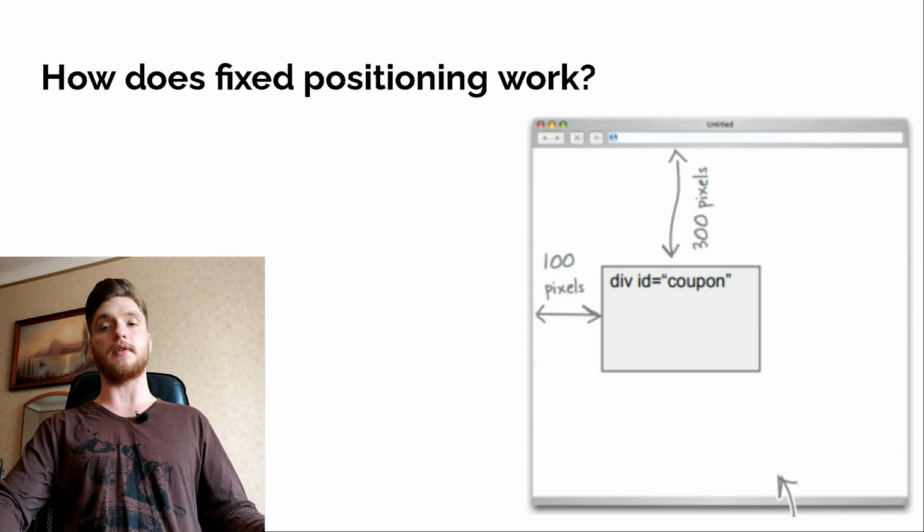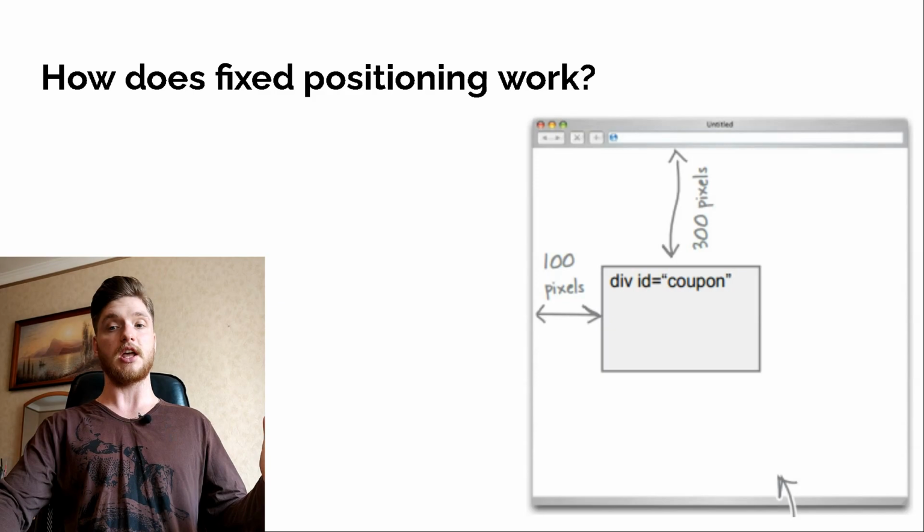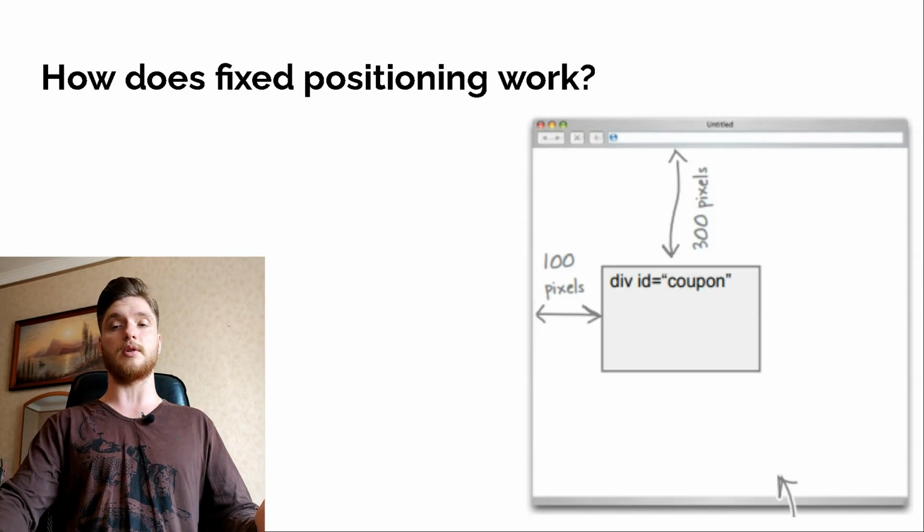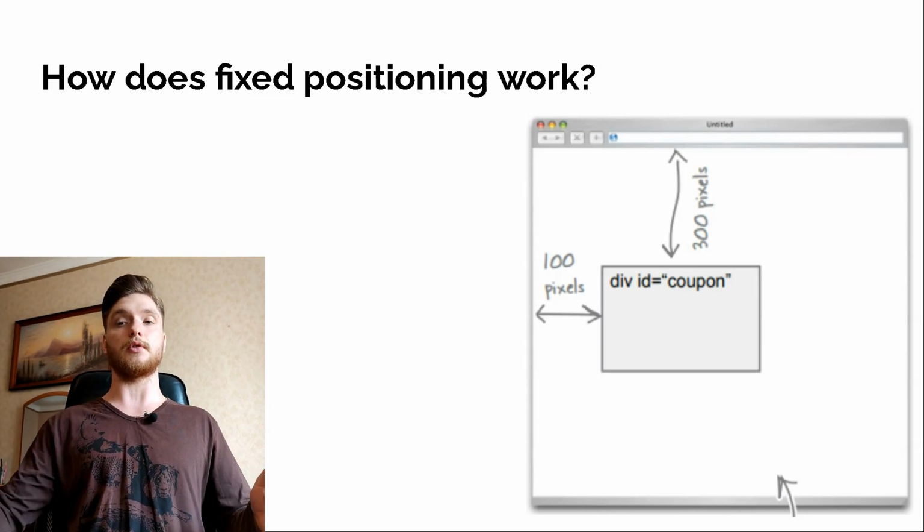The interesting effect this has is that once you place content with fixed positioning, it stays right where you put it and doesn't move even if you scroll the page. So, say you have a div with an ID of coupon, you can position the div fixed to a spot 300 pixels from the top of the viewport and 100 pixels from the left side like this. Here is the ID selector for the coupon div.